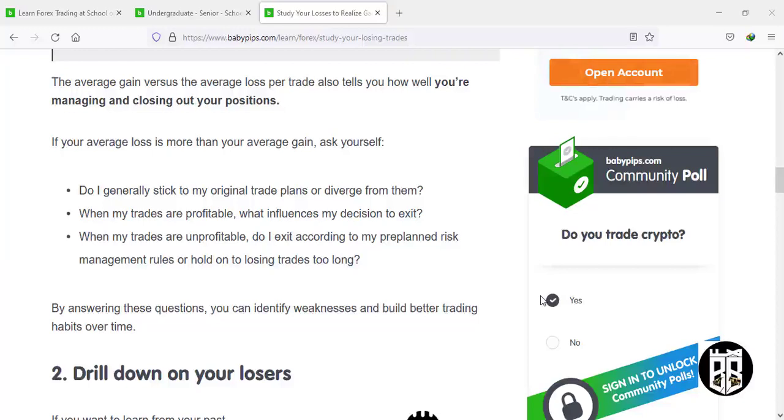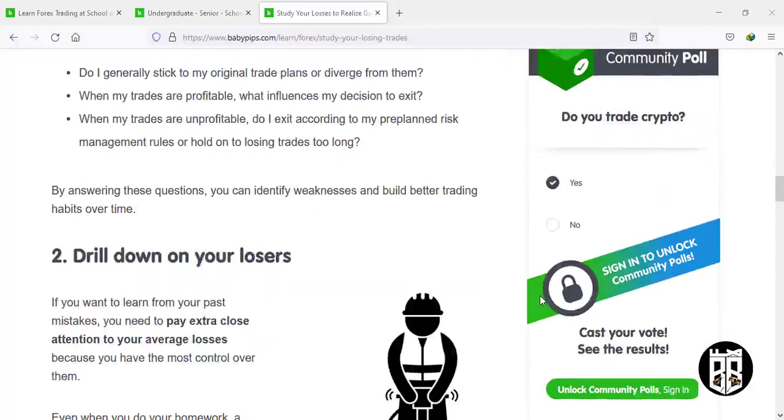When my trades are profitable, what influences my decision to exit? When my trades are unprofitable, do I exit according to my pre-planned risk management rules or hold on to losing trades too long? Answering these questions, you can identify weaknesses and build better trading habits over time.